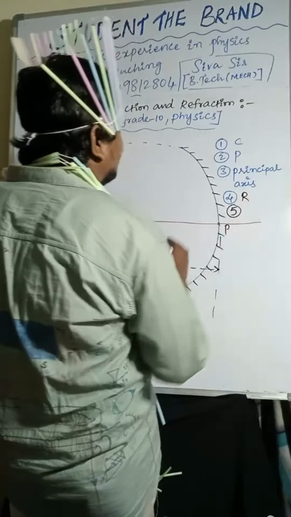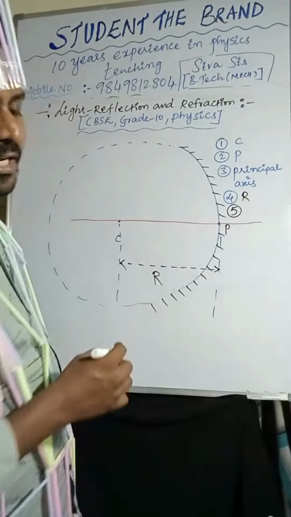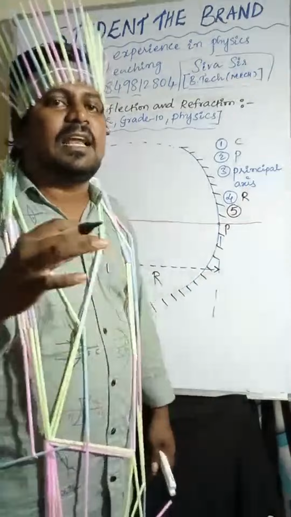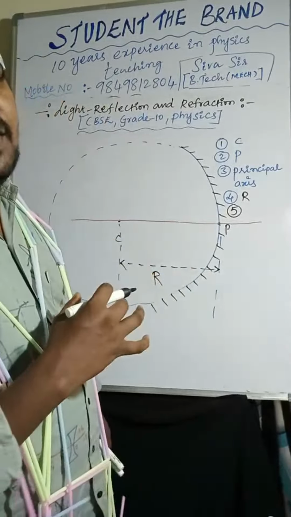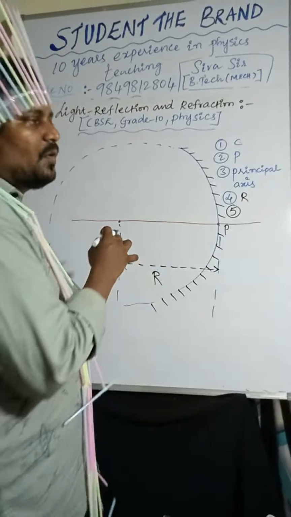Fifth one is after reflection. After reflection, light rays are meeting at one point.